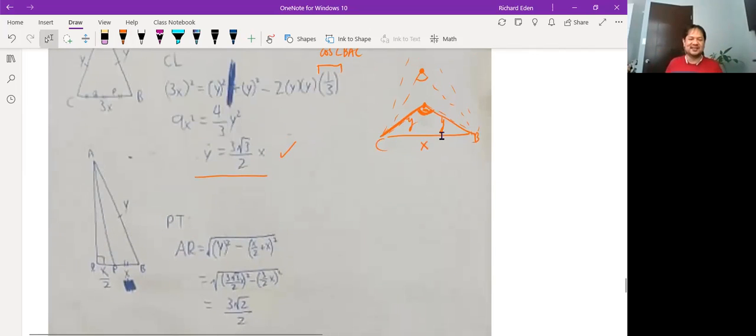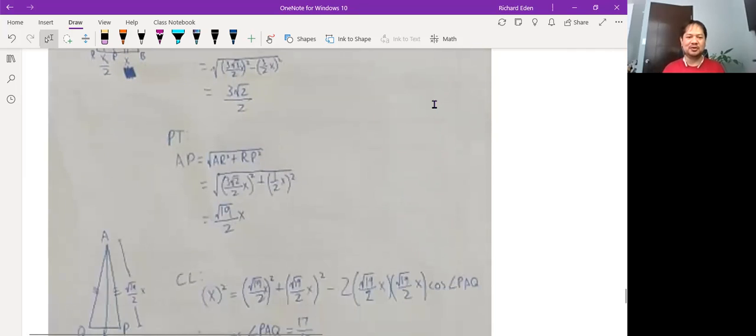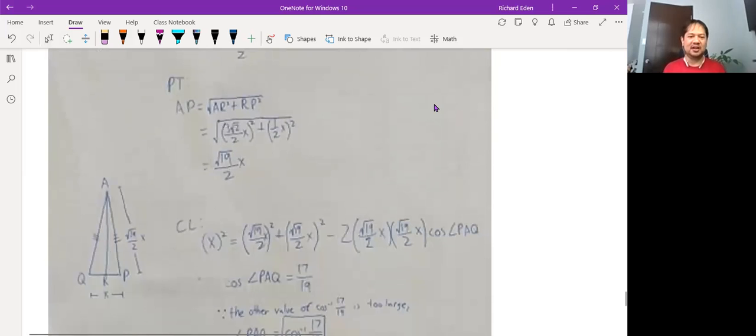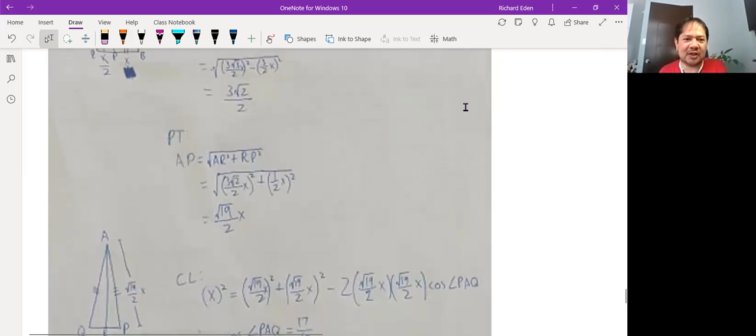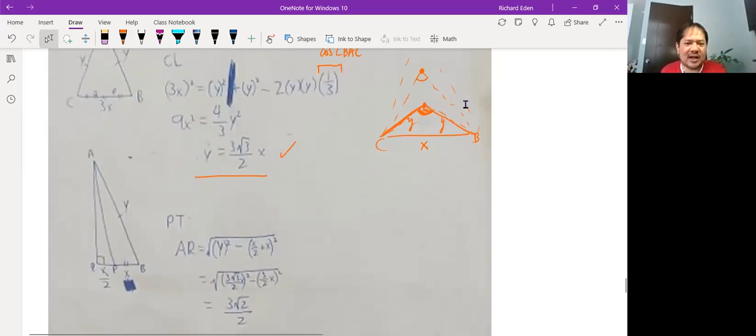So I is correct. For angle PAQ, so kasi ito nung angle na yon. Anyway, sige, let me see what you did. Kasi when I tried this out, iba nung ginawa ko. So let me just look at what you did. AR squared is y squared minus, yes.